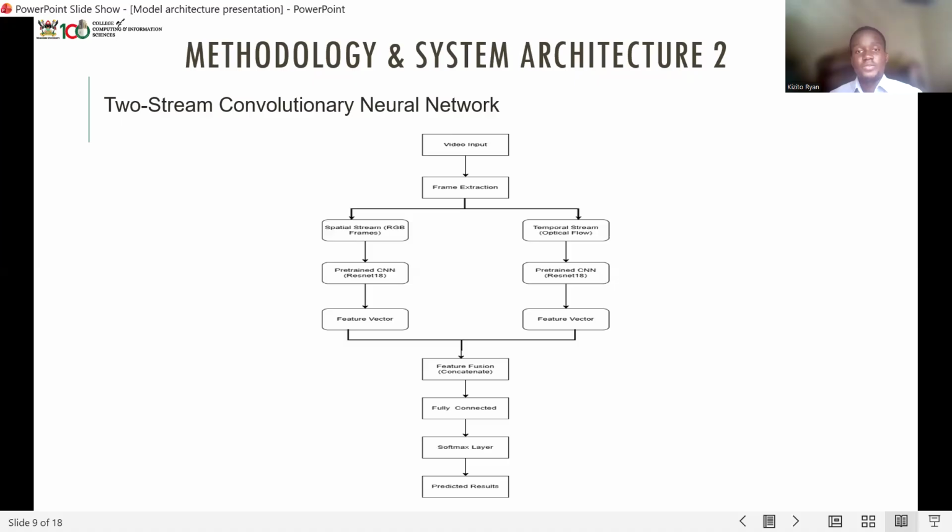Then it passes them through the fully connected classification layer, and the model will predict whether the video contains burglary, vandalism, or normal in our case. So it will predict and give us an output, which is the result.